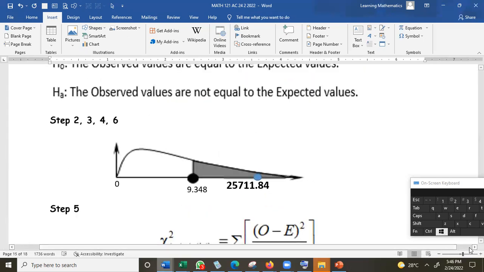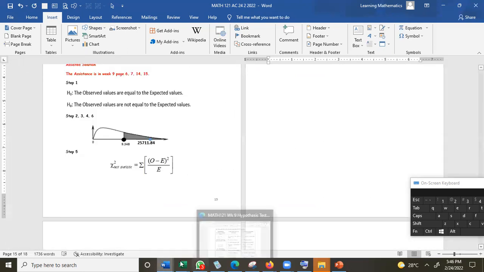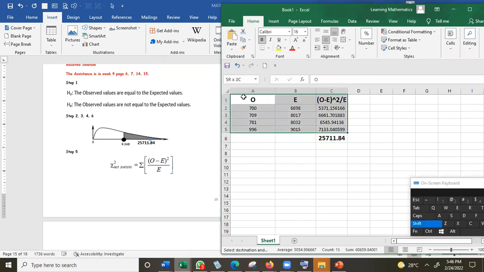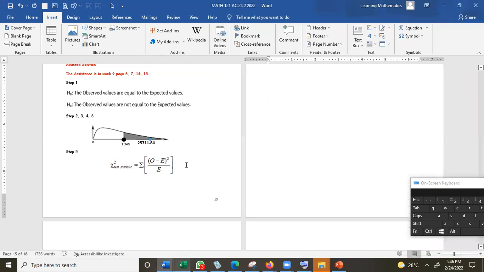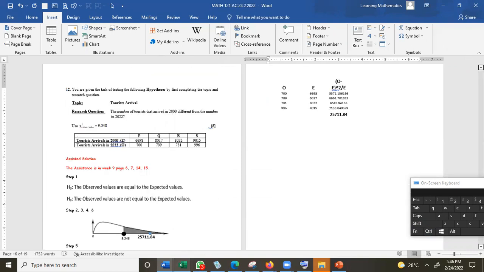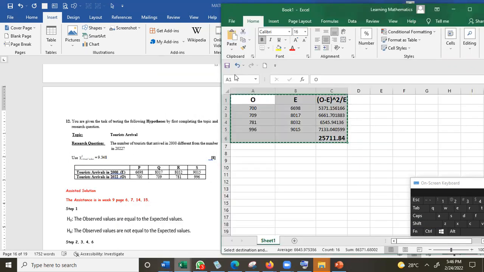Oh, by the way, I also almost forgot, for your working, you have to copy. I did not do that for the randomness. You have to copy the table with Control-C, Control-V to indicate where you calculated the test statistic.